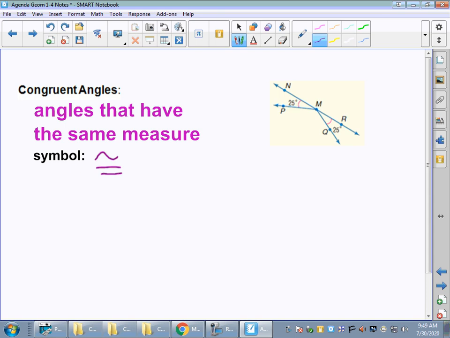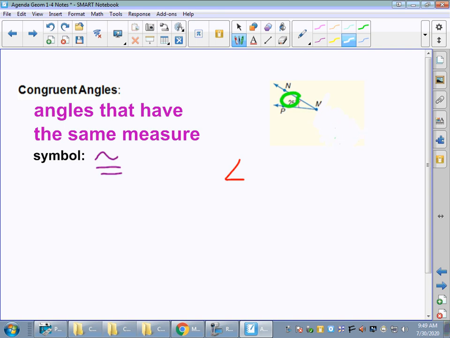So probably you notice immediately in this diagram that this is 25 and this is 25, right? So we're going to be able to say that angle, what's the vertex of both of those angles? We need to make sure the vertex goes in the middle. So if I ignore this part of the diagram for just a second, what is that angle?